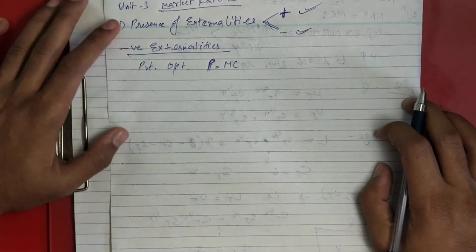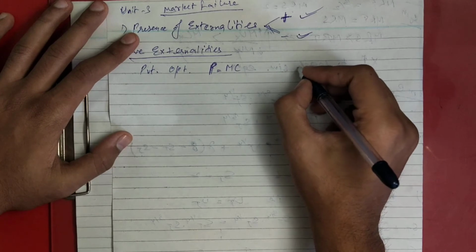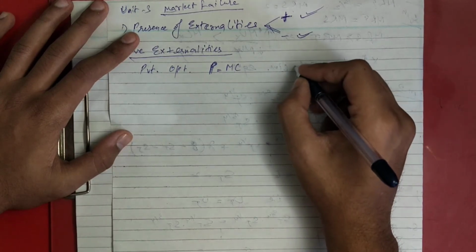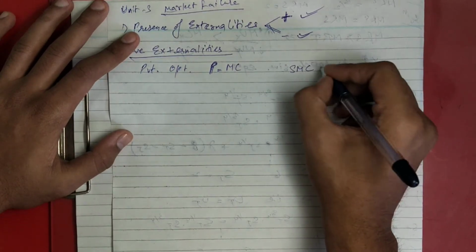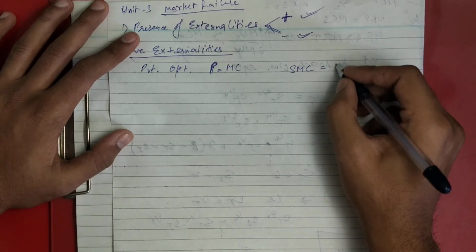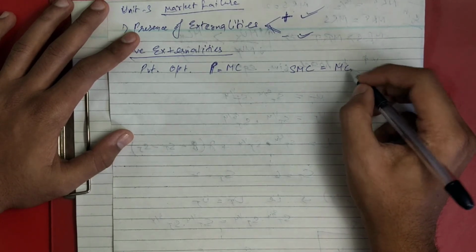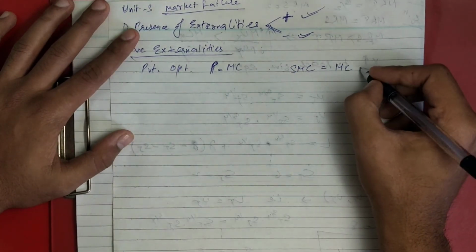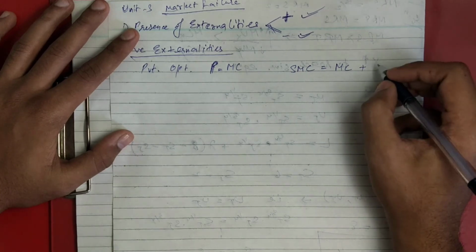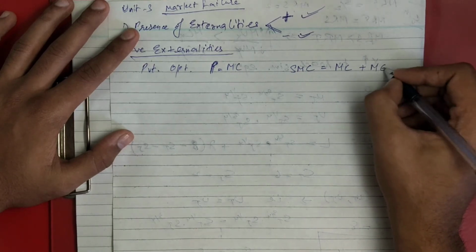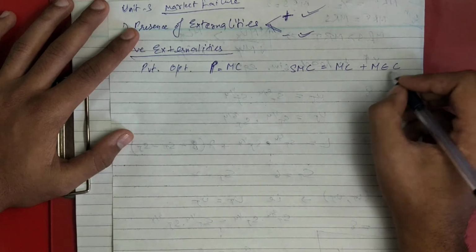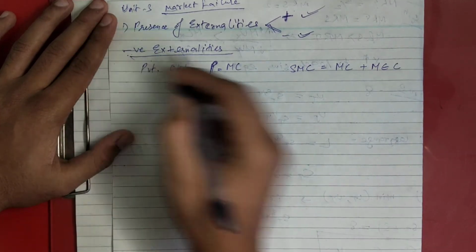It increases the cost. We will call this cost the social marginal cost. Earlier the cost was MC, but now due to negative externality there is some more cost, which is known as marginal externality cost in case of negative externality.